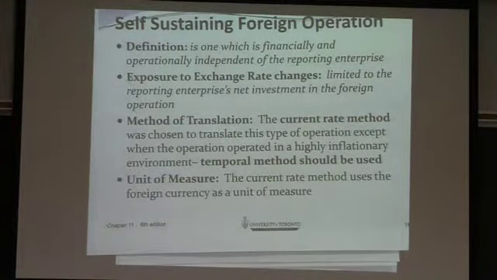Now, when they say highly inflationary environment, what they're looking for are essentially elements in the environment such as perhaps posting losses for the last 4 to 6 quarters, delisting of the shares from the stock exchange, etc. So double-digit inflation would be a good example where we would consider that highly inflationary.